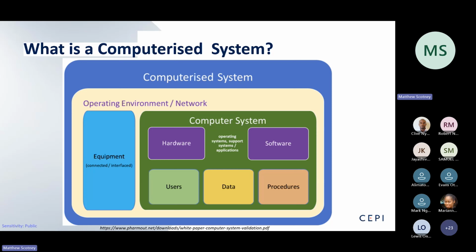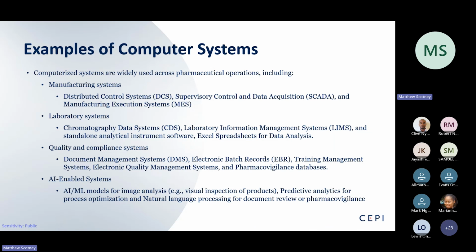So it's a much, much bigger definition in terms of what a computer system is. So they're extremely complicated systems, but we still need to be very clear on what constitutes that computer system. So when we look at it from an inspection point of view, we have to understand what is that computer system, how is it made up, how are the components interacting with each other.